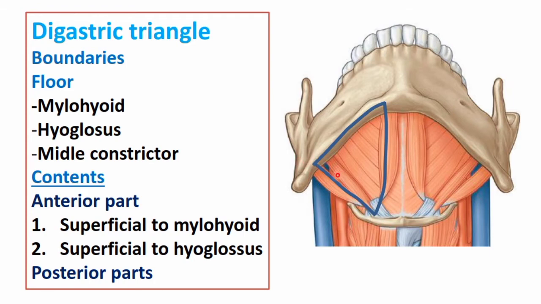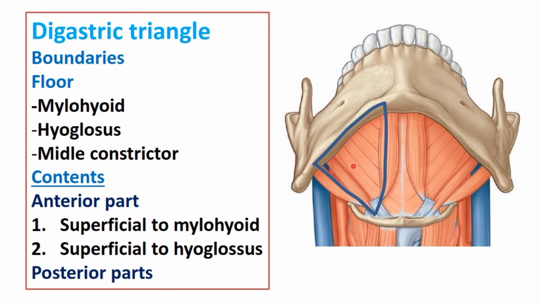Then, what are the main contents of that triangle? First we have seen the three boundaries and the floor, and then what are the main contents which are present in it? Some structures are present superficial to the mylohyoid, and some other structures are present deep to the mylohyoid, and then other structures are superficial to the hyoglossus muscle.